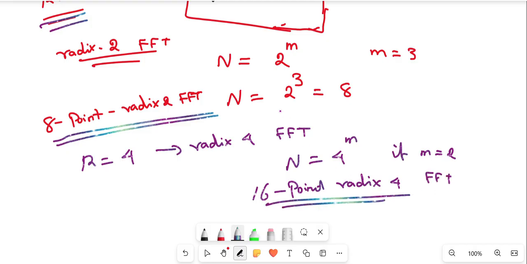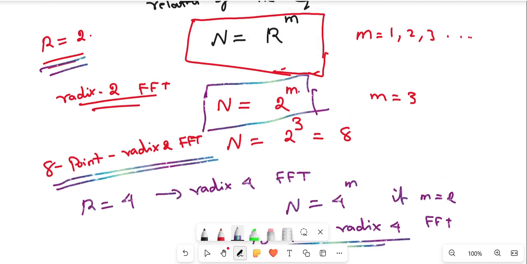Okay, so what is the relationship between the number of points? This is important: N is equal to r power m. The r may be radix 2 or radix 4 algorithm. So, to reduce the time required for the DFT, the FFT was developed. There are decimation in time and decimation in frequency.